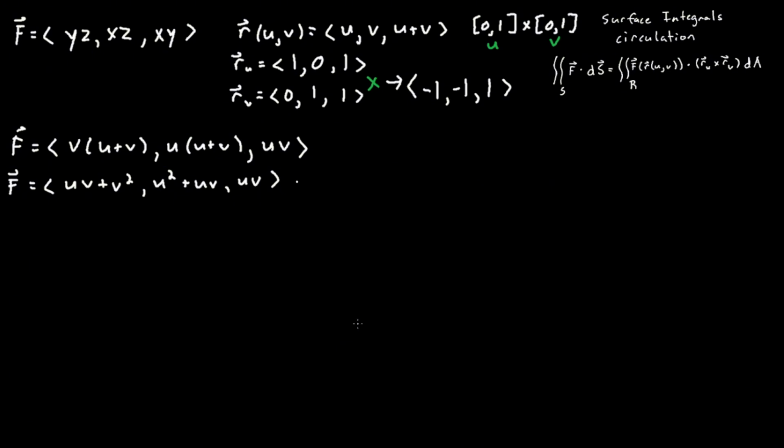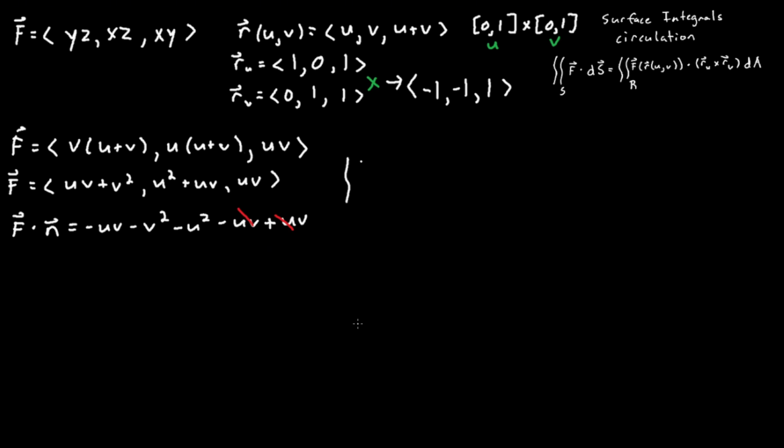Okay, now that we have that, we just dot product our vector field with our normal vector, which is simply our cross product. And what we get is negative uv minus v squared minus u squared minus uv plus uv, and these terms cancel out.